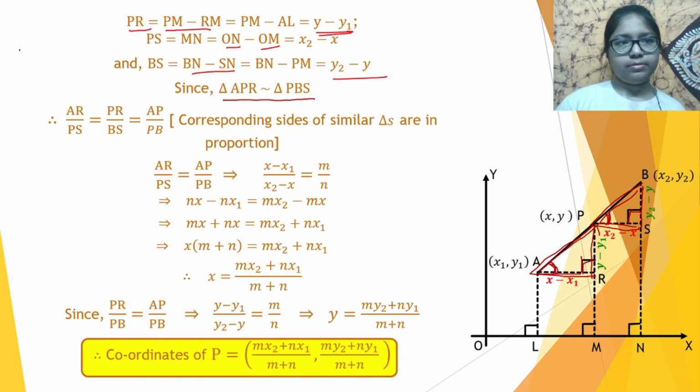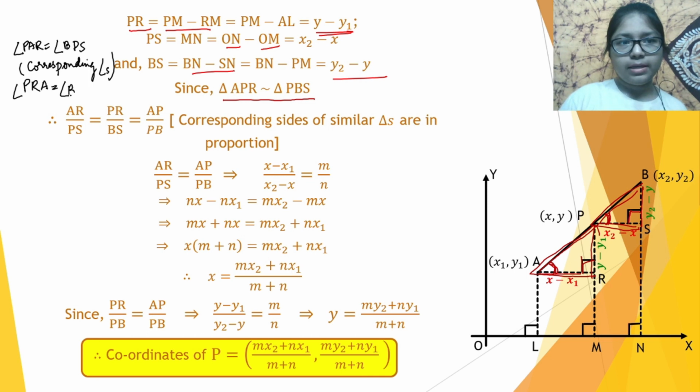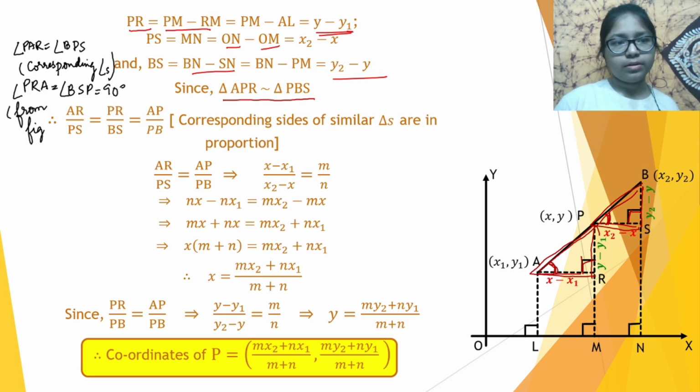Let me write it here. Angle PAR equals angle BPS, corresponding angles, and angle PRA equals angle BSP equals 90 degrees from the figure.